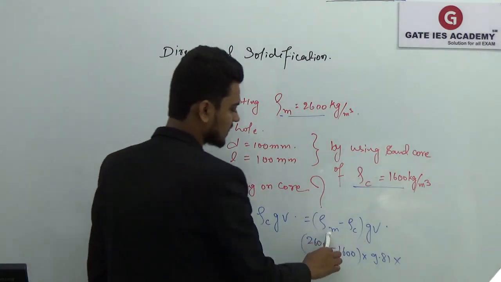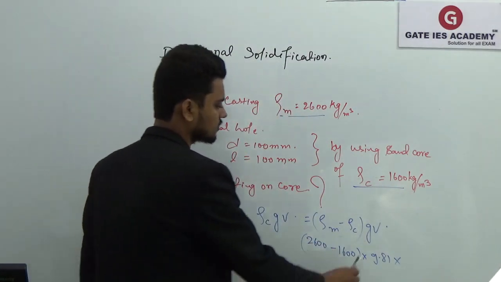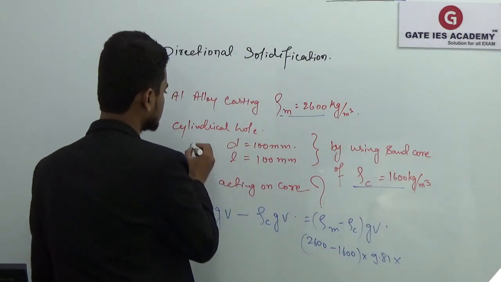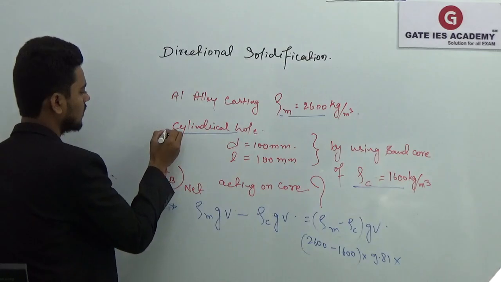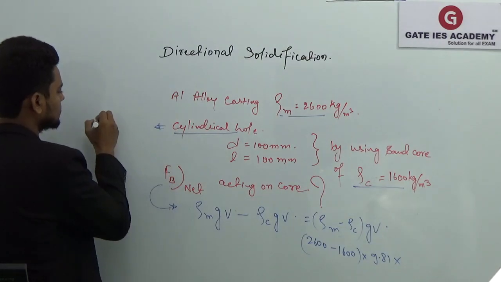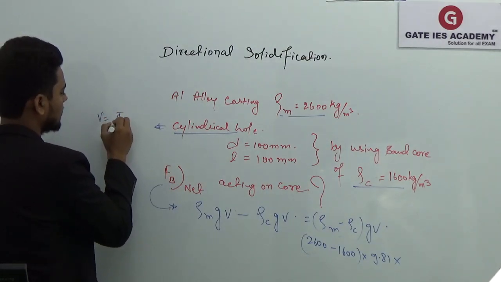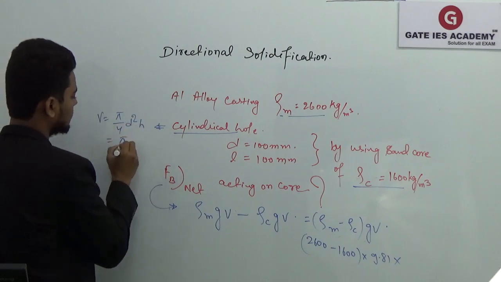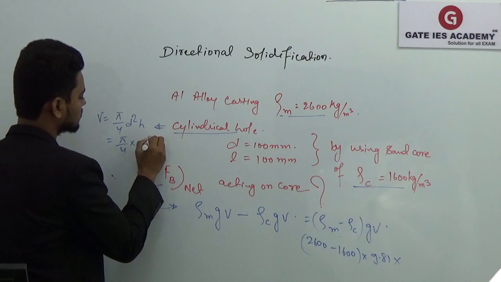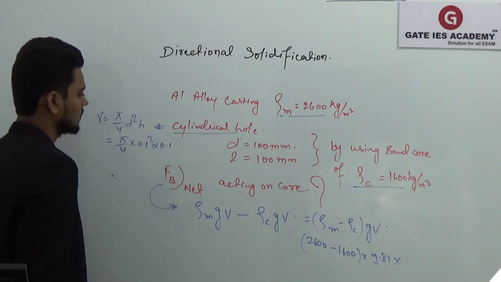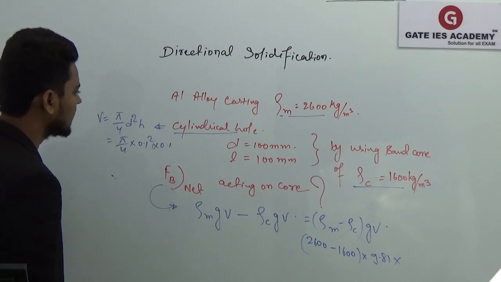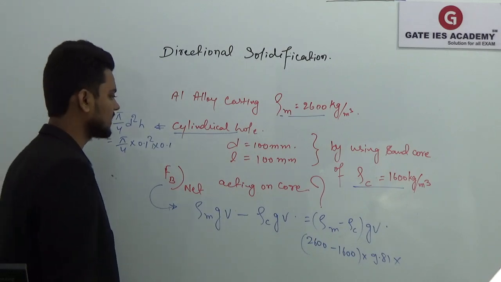the volume. This density is given in kg per meter cube, so obviously we will find this volume in meter cube. For the cylindrical hole, the volume of a cylinder is pi by 4 d square h. So pi by 4 into 0.1 square into 0.1, because the diameter of that hole is 100 mm and its height is 100 mm.